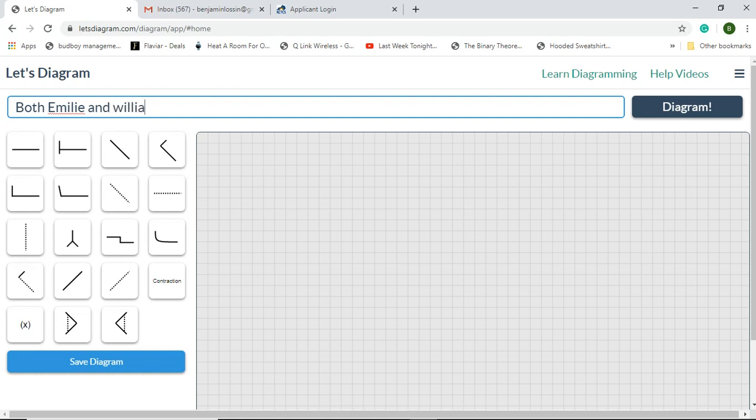William is wrong because I didn't capitalize. Both Emily and William flew to Florida during their vacation.